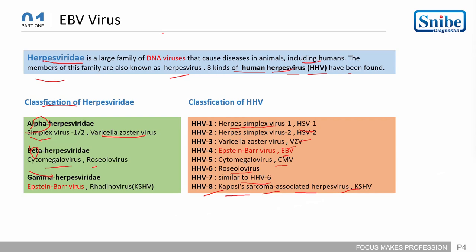Cytomegalovirus and roseolovirus belong to the beta herpesviridae family. And then Epstein-Barr virus and KSHV belong to the gamma herpesviridae. So this is basically a classification of the genus, and the further family contains the herpesviruses, with different kinds of viruses for the classification.